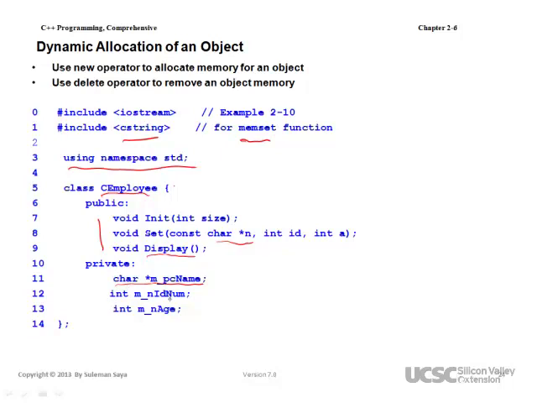The array will be created for the character string. We'll see the code. And then at line number 12, I have a data member of integer type m_idNum, and then at line number 13, I have a data member m_nh.